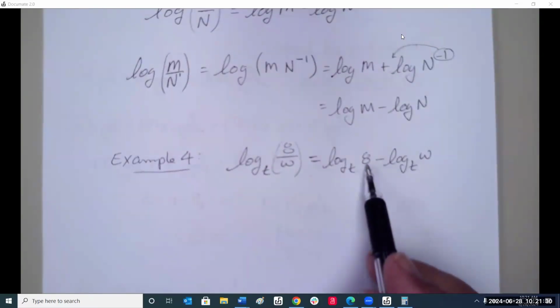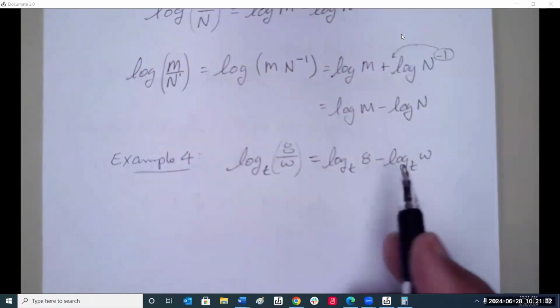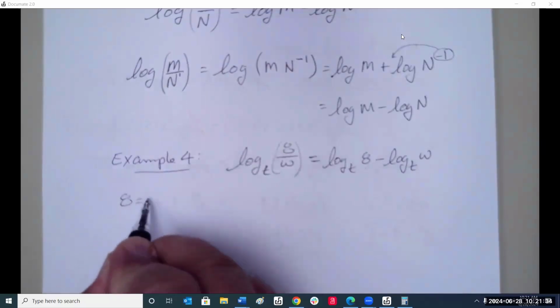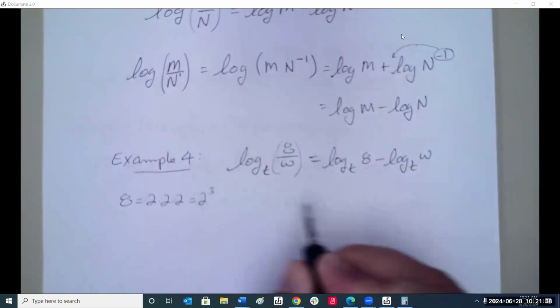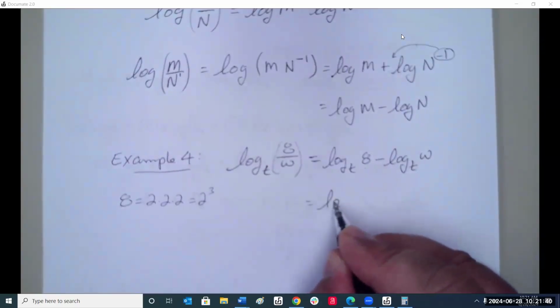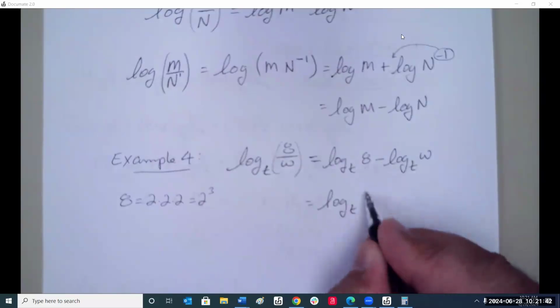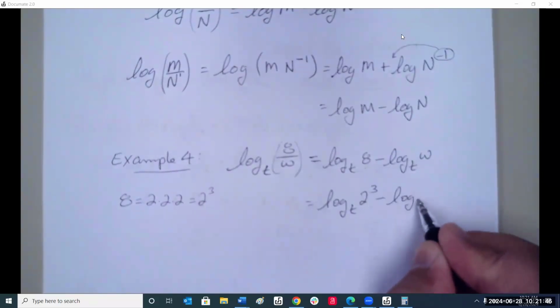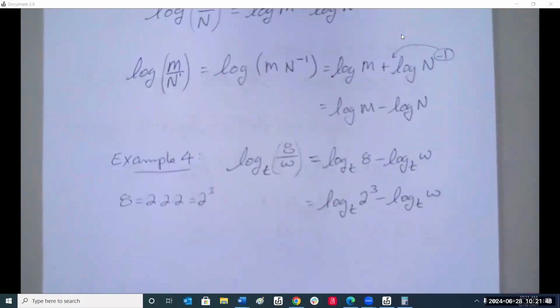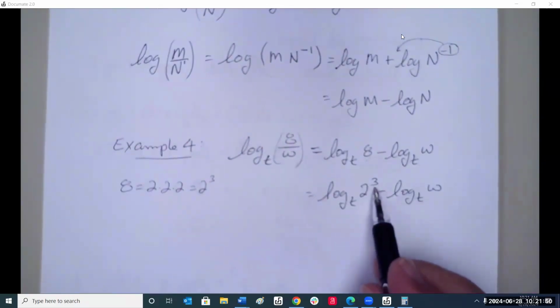What is 8 made up of? So we can have here, instead of 8, we put 2 to the third power. Now we have a power rule.